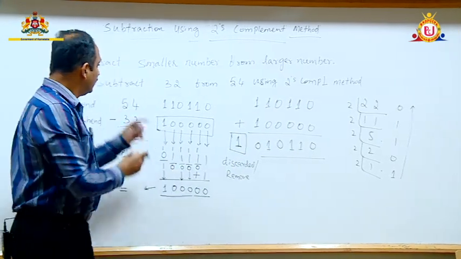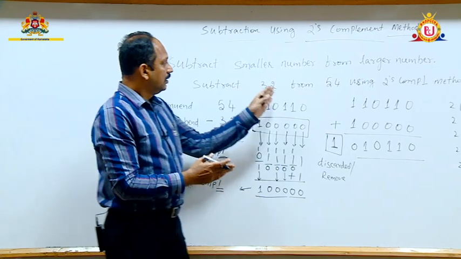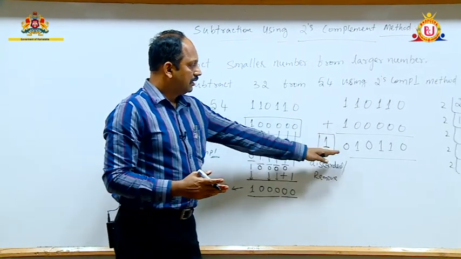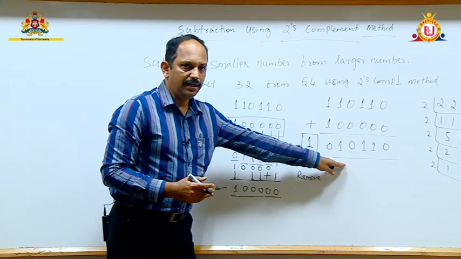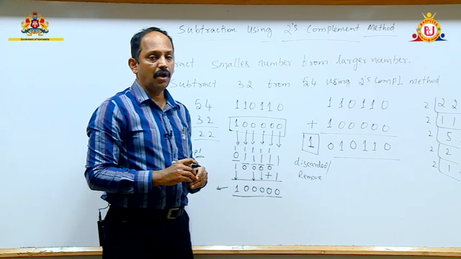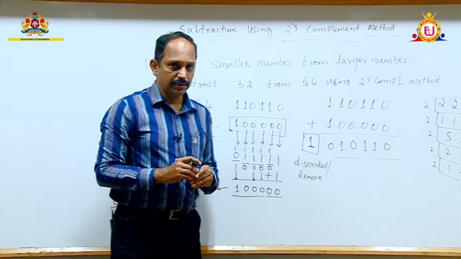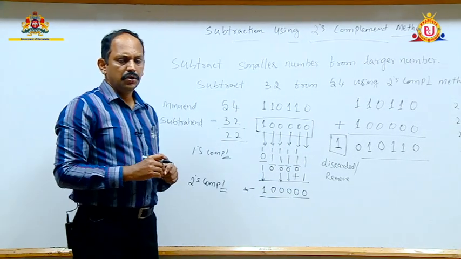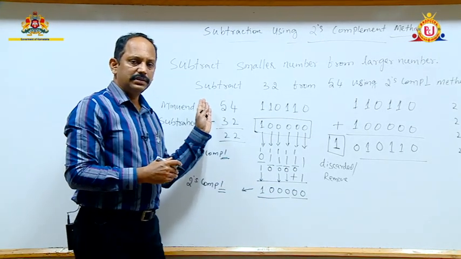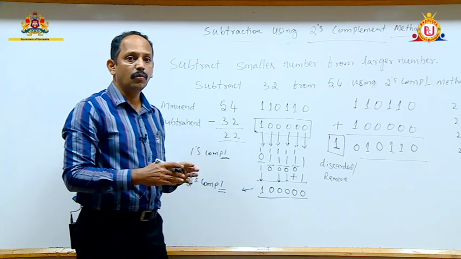That means this calculation using the 2's complement method, whatever result is obtained, is the correct result. I hope you have understood this concept clearly. You have to practice with a different set of values to understand more clearly.